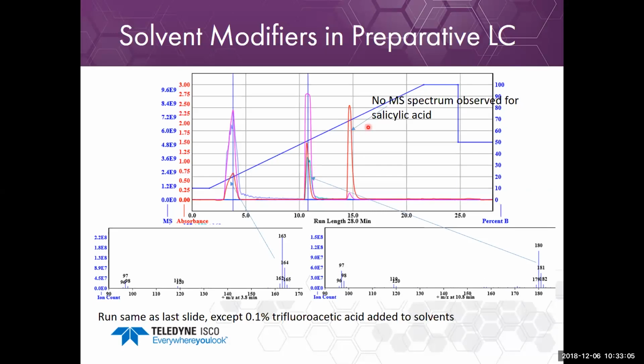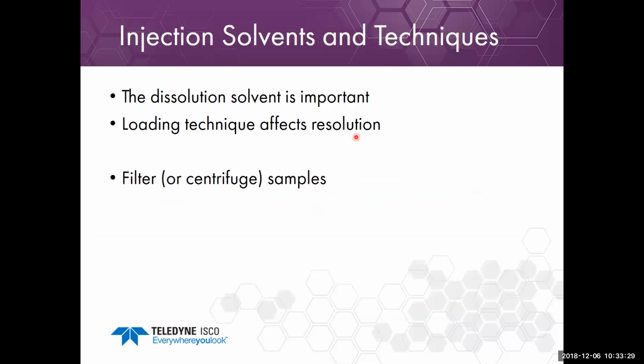And the salicylic acid now shows up very nicely because I was running ESI in positive mode. The salicylic acid doesn't show a mass spectrum, but I can still see it over there. So solvent modifiers really help you avoid some potential problems with your PrepLC.